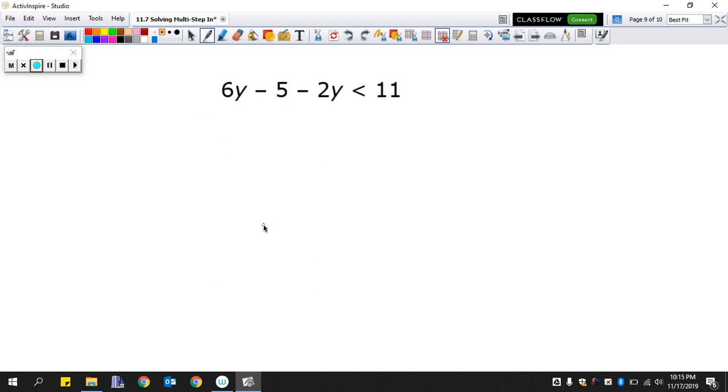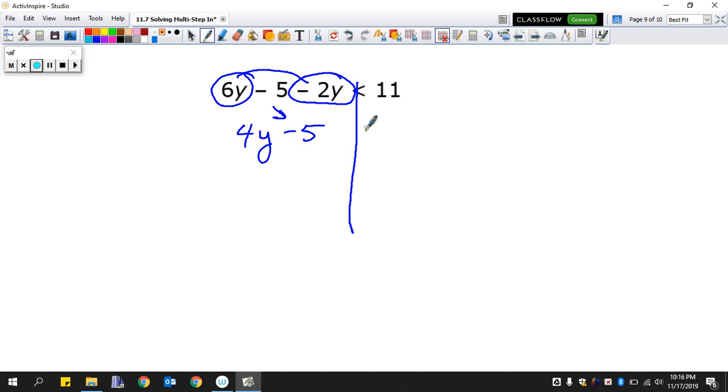Next one. The next one we're talking about collecting like terms. So here we have a 6y and we have a -2y. So we just combine these two. 6y minus 2y is 4y. Just bring this -5 down. -5 is less than 11.